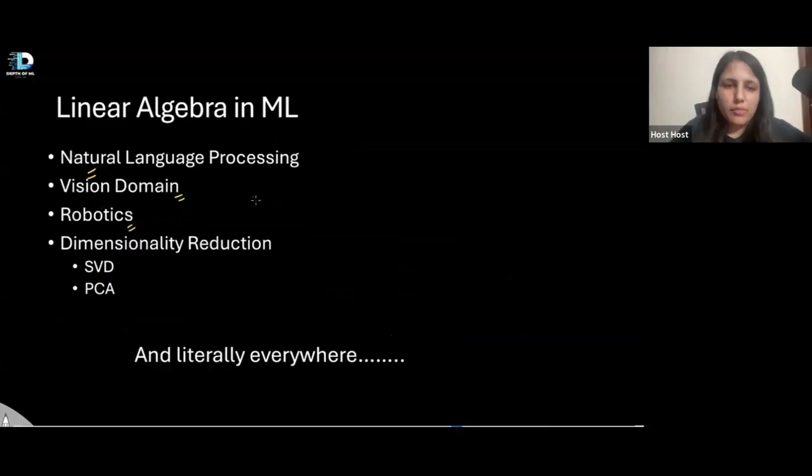If you have seen any robotics platform or any video of robotics, machine learning is heavily used to visualize the plane that the robot is walking on, and what direction to go in is all vectors and matrices. There are some things that we will see, SVD and PCA, in this course. So these are purely linear algebra concepts, right? And literally everywhere in machine learning, we have linear algebra.